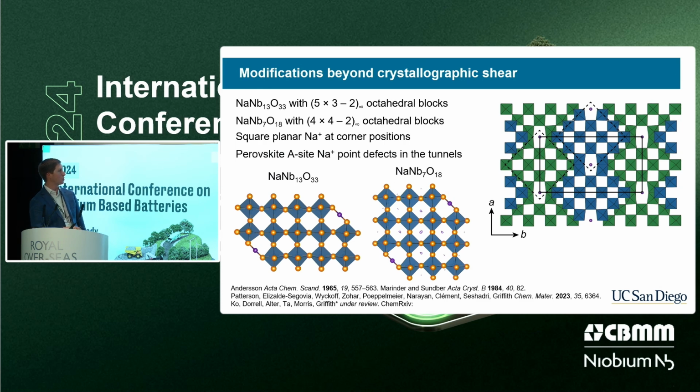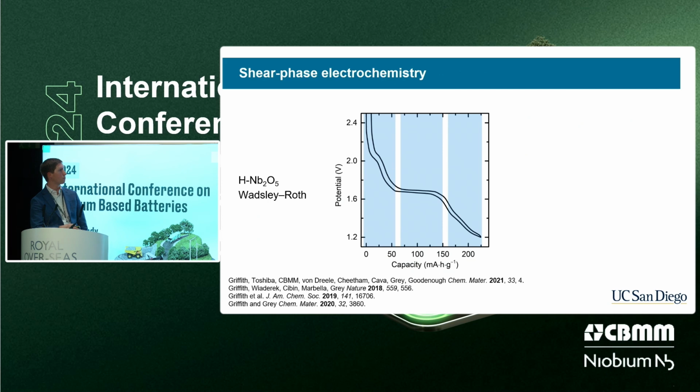It has square planar sodium at the corners of the blocks, so you have a modified block. And then, these would all be edge shared at the peripheries of the block, just like in all the other Wadsley-Roth phases. But what's different in the NaNb7O18, and that's our newest discovery, is that a very significant portion of those tunnels are filled with or blocked by sodium cations. So we'll think about what the implications of that are.